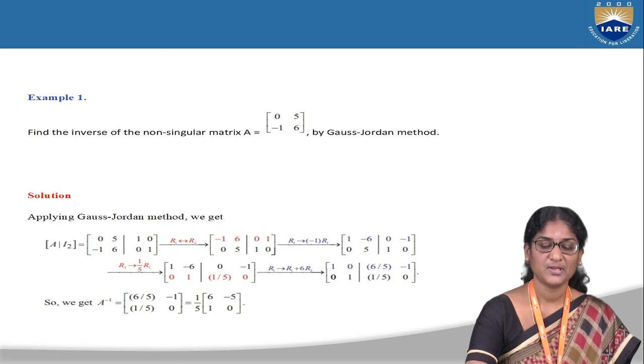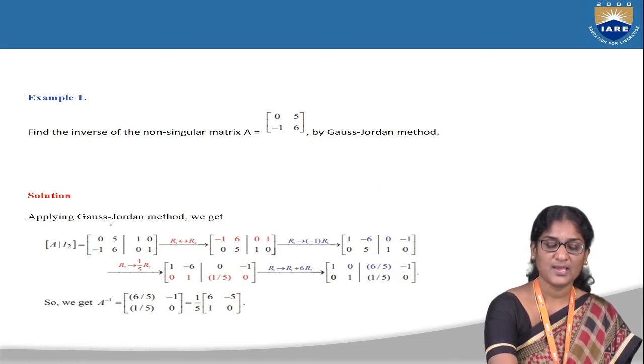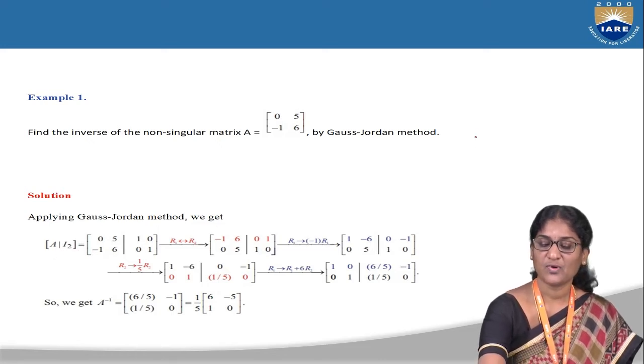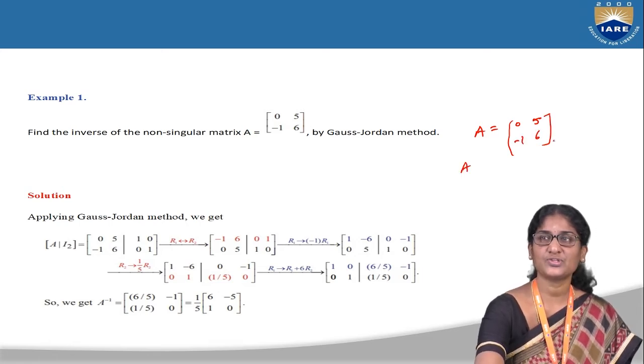Now we'll do one problem. Find the inverse of the non-singular matrix capital A, with rows 0, 5 and -1, 6, by the Gauss-Jordan method. Applying the Gauss-Jordan method, we write A is equal to I into A. Here A is 0, 5, -1, 6, a 2 into 2 matrix.